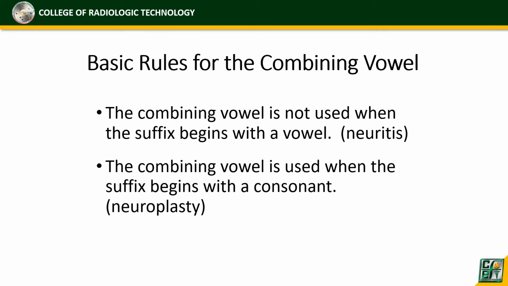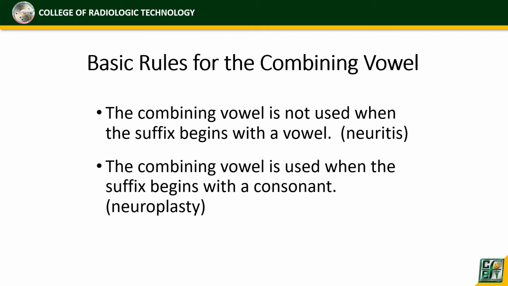On the other hand, the combining vowel is used when the suffix begins with a consonant. As long as the suffix begins with a consonant, the combining vowel is used. Consonants are letters aside from a, e, i, o, u.